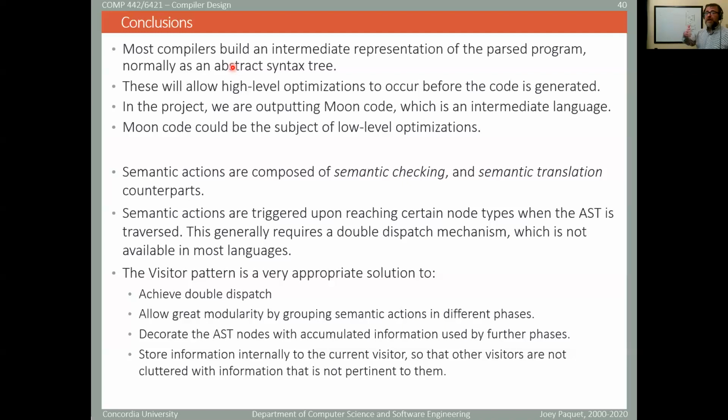It allows you to have many more consecutive phases, because if you do a syntax-directed translation, it's not very difficult, but it's harder to actually have several phases. So intermediate representations are a very, very useful feature to have in a compiler. Most or all compilers would have that.